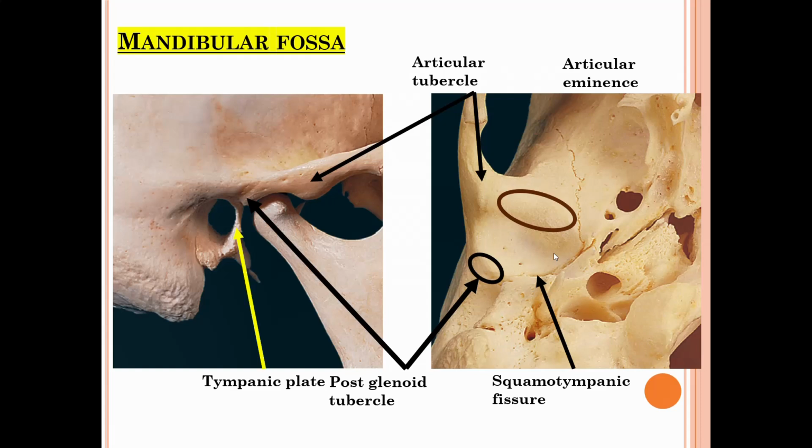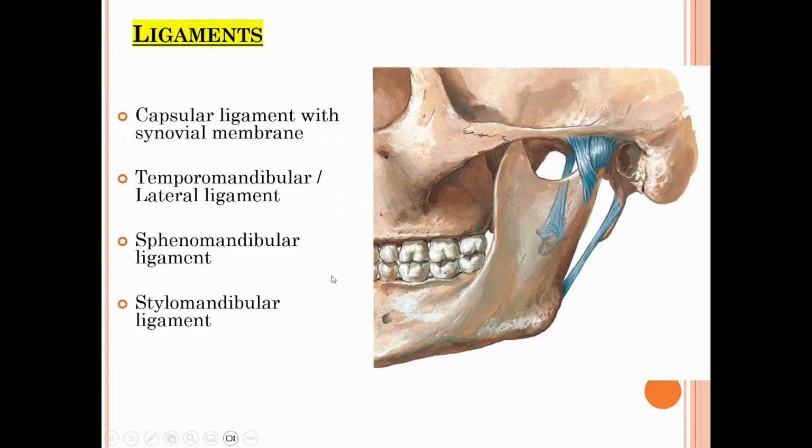Now you can see here the head of the mandible which is articulating here and forming the temporomandibular joint. Then as we know, the second thing which we should know about any joint after the articulating surface is the ligaments related with the joint.